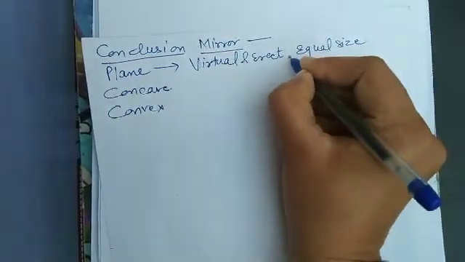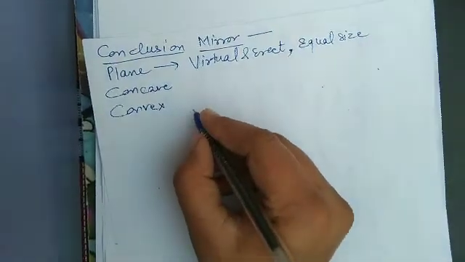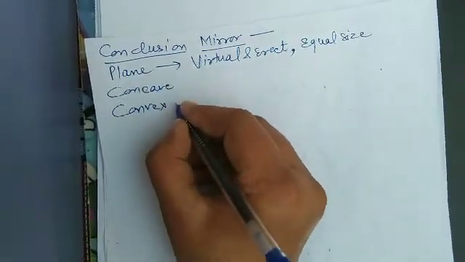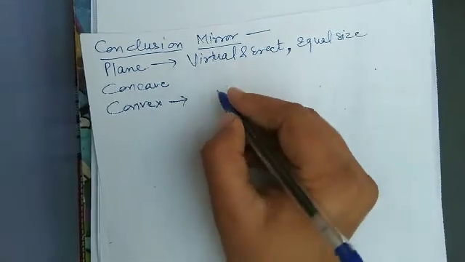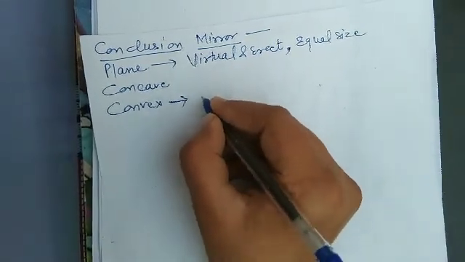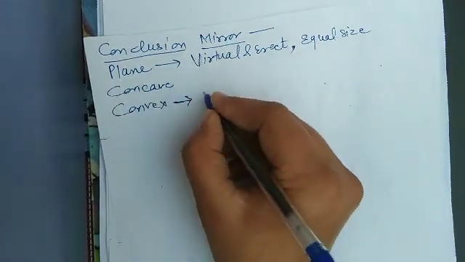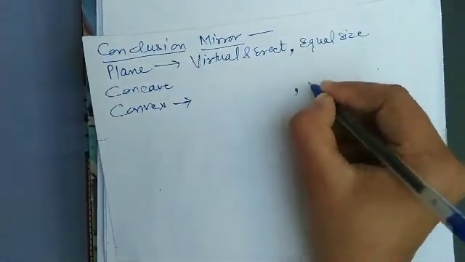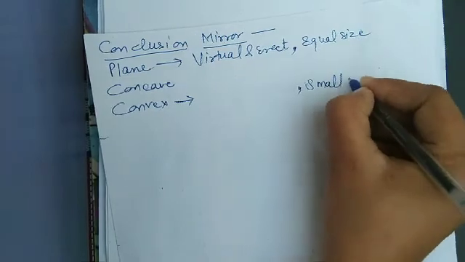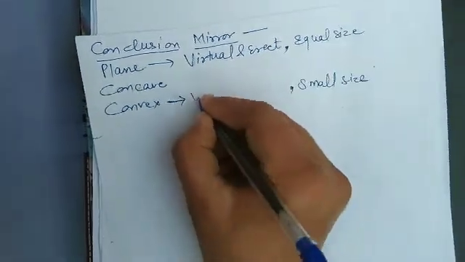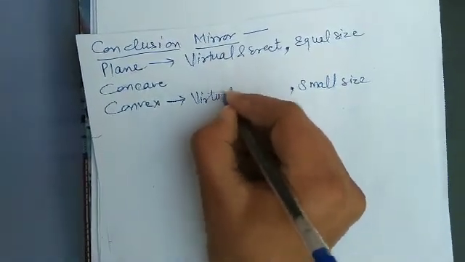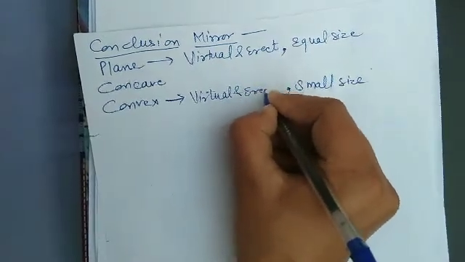So size is equal. Now second case is, let's easy, एक बारी हम पहले discuss करते हैं. Second one is our convex, and in convex we have discussed just now that image is diminished. Diminished means small size, and virtual and erect.